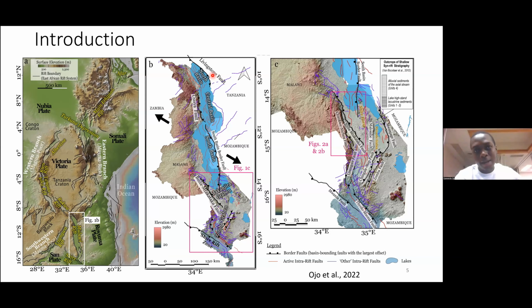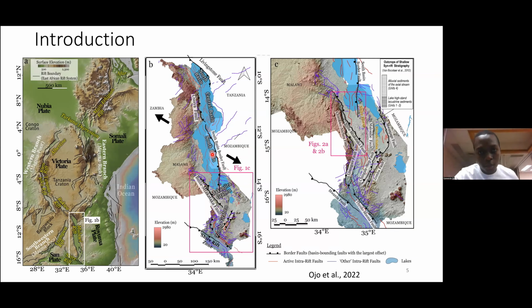And here I'm highlighting the major border faults across the rift. From the north, we have the Livingstone Fault, then in the central basin we have the Usisya Fault, and the south basin border fault. Across the entire length of Lake Malawi, which is in blue, there are seismic profiles.